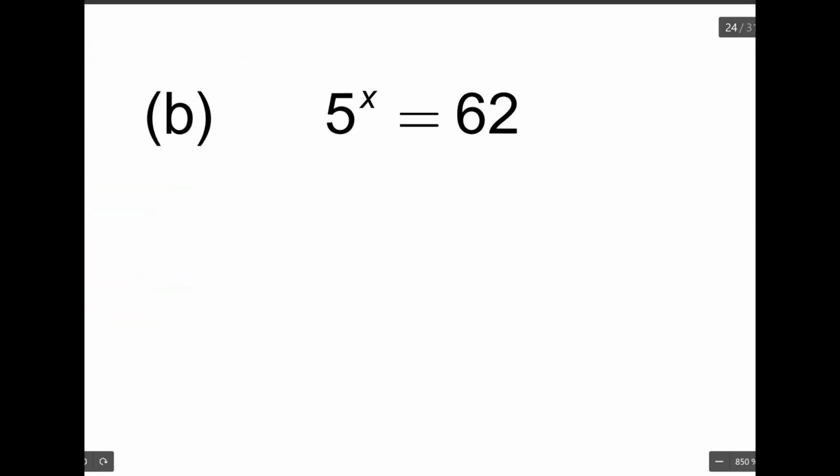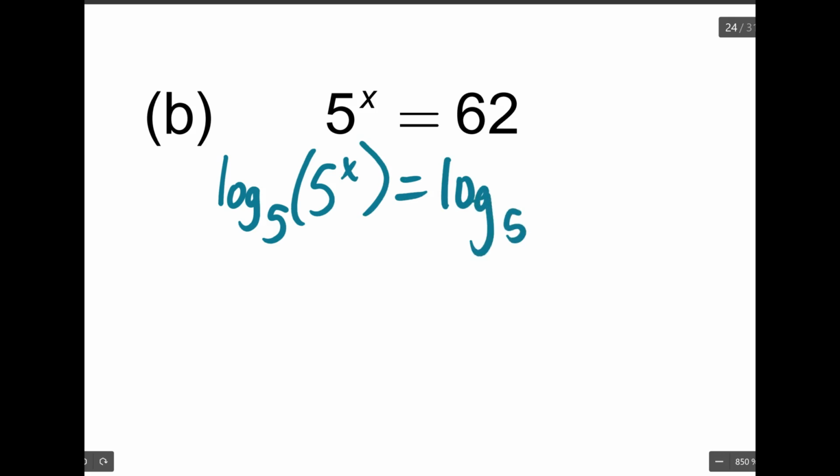How would I approach this one? So first off, I'm going to take log of both sides. Question is, what should the log base be? 5. What was your question? How do you know I should have a base of 5? Because that's the base for the exponent I'm trying to solve for.